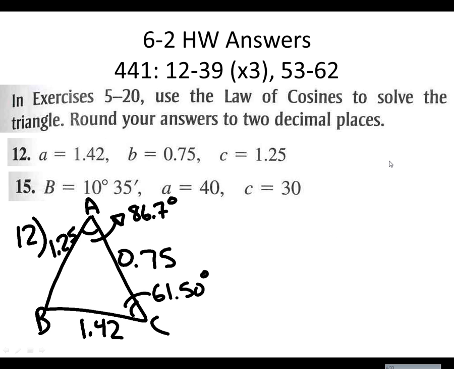So 180 minus angle A, which is 86.7, minus angle C, which is 61.50. Plug it in. We end up with 31.8 degrees for angle B.